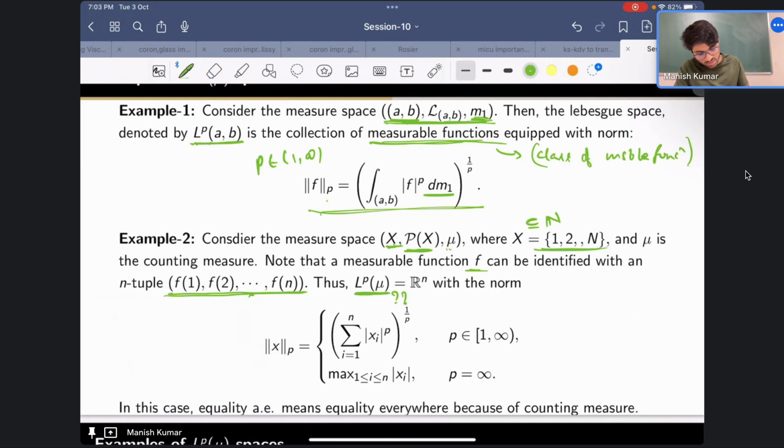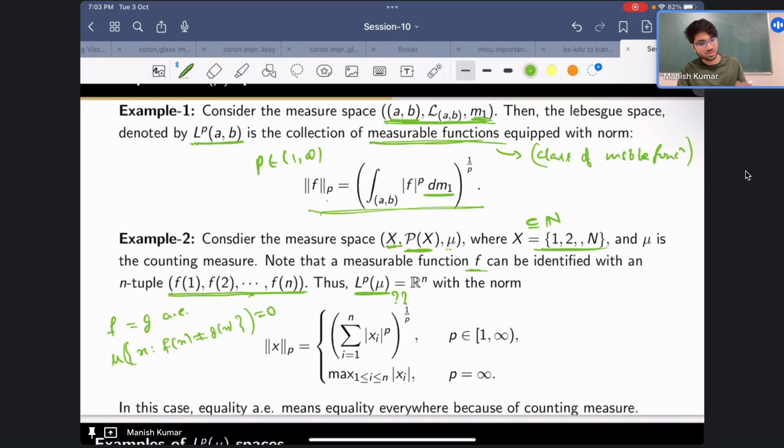You can see that this LP space is the collection of measurable functions. But before going to this, let me tell you one thing: if you say f is equal to g almost everywhere, this means that the measure of the set {x : f(x) is not equal to g(x)} is 0. Since we are in counting measure, if f and g are almost everywhere equal, this means that mu of this set E is 0.